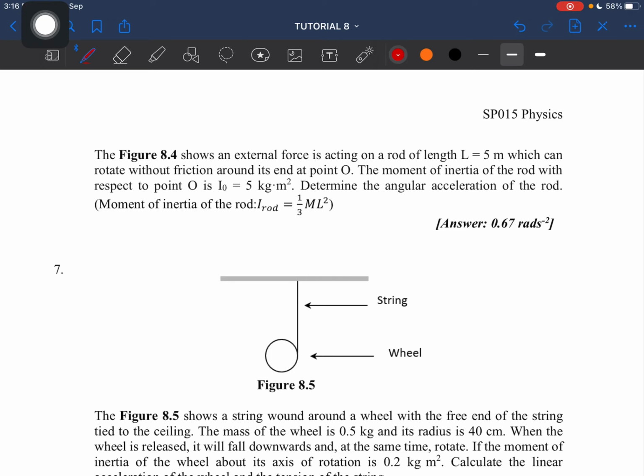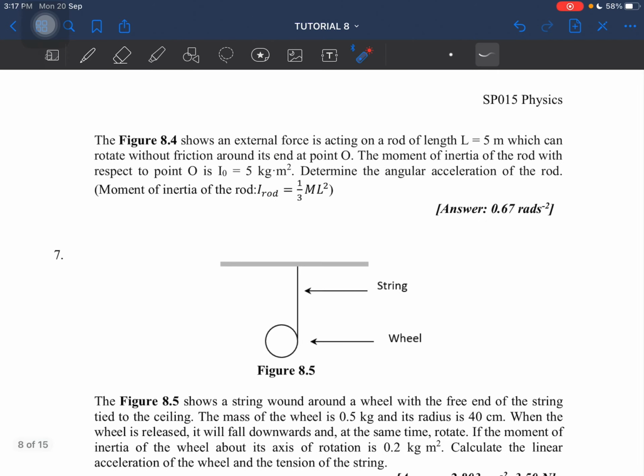The figure shows an external force acting on a rod of length 5 meter, which can rotate without friction around its end at point O. The moment of inertia with respect to point O is 5 kg·m². Determine the angular acceleration of the rod.